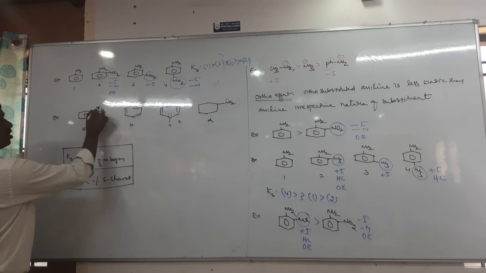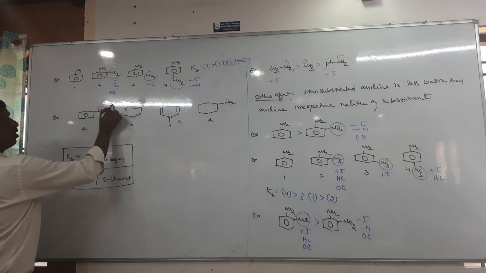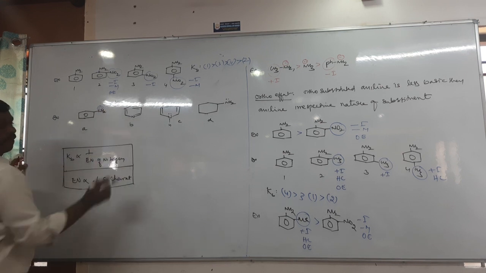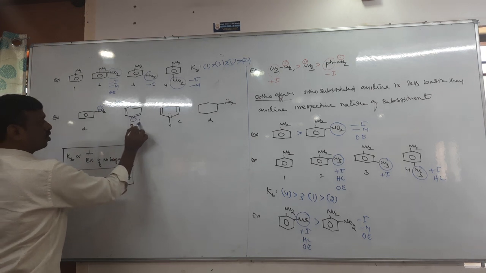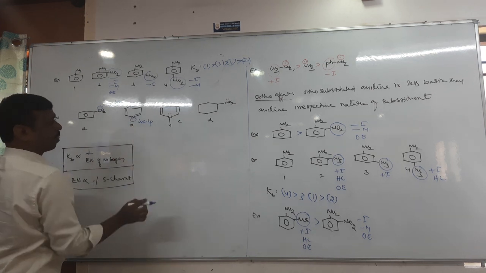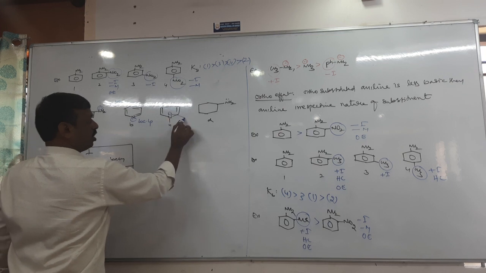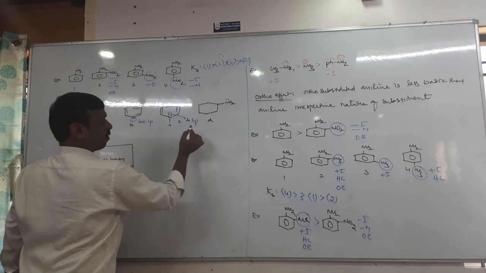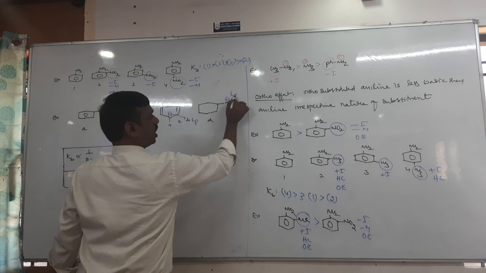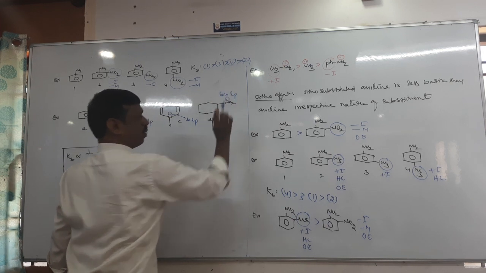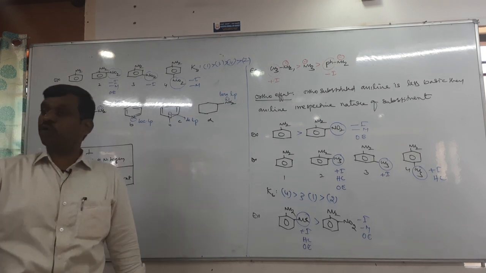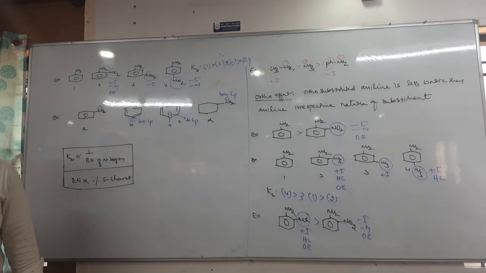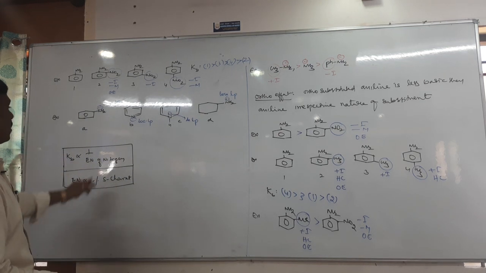Tell me quickly, this is what? Delocalized lone pair. Here this is a localized lone pair. Here is a delocalized lone pair. Here a localized lone pair. We know that when there is a localized lone pair, it is obviously more basic compared to delocalized. Therefore, which are more basic?